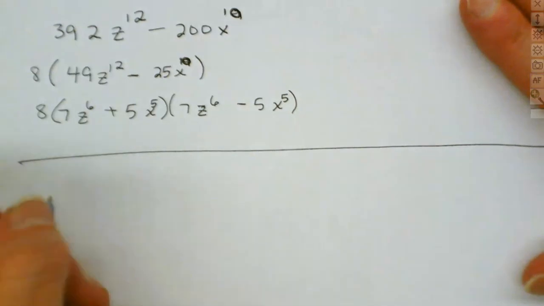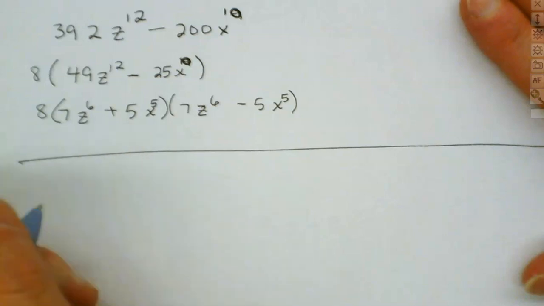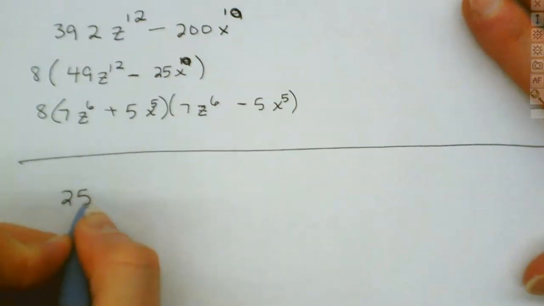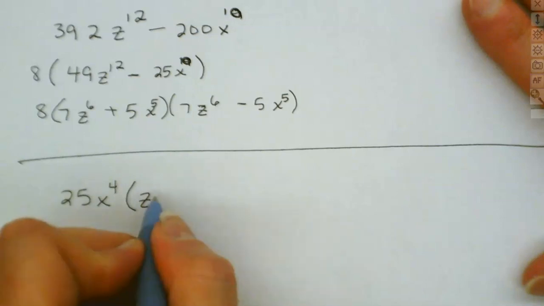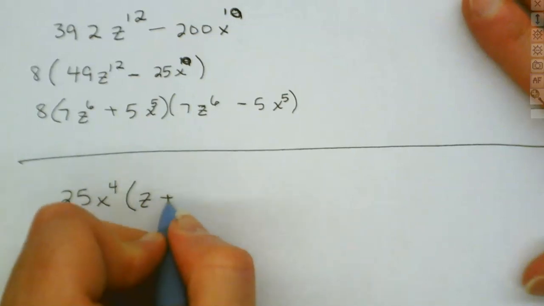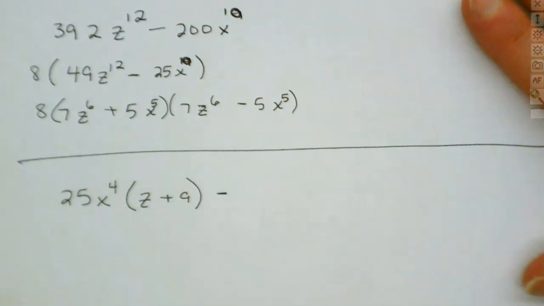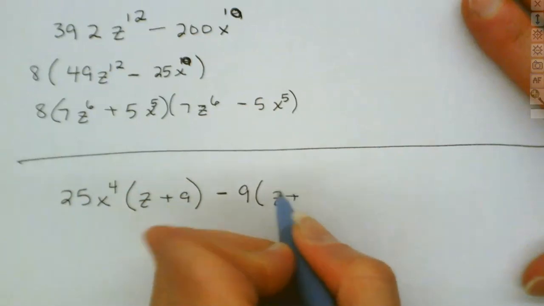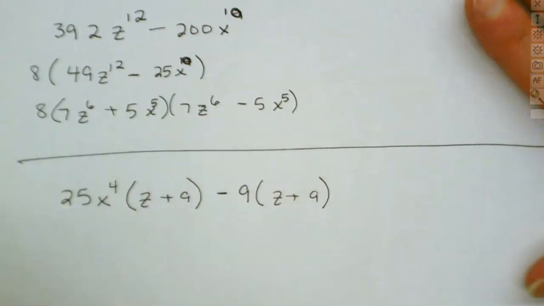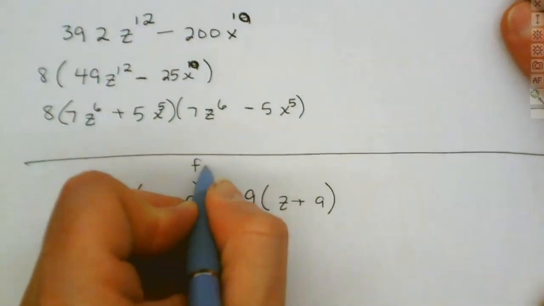Okay, let's look at this one. How about we look at 25x to the 4th times z plus 9, and then let's do a minus 9 times z plus 9. Now, I picked this one because we're going to have to do 2 steps here.